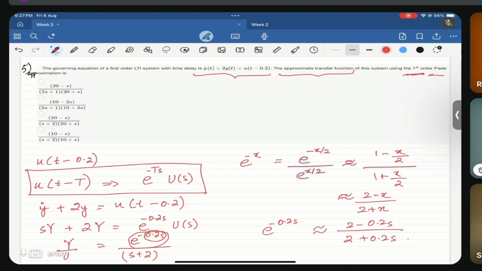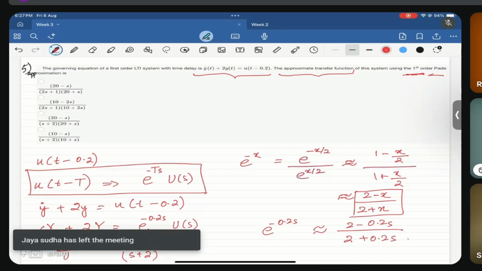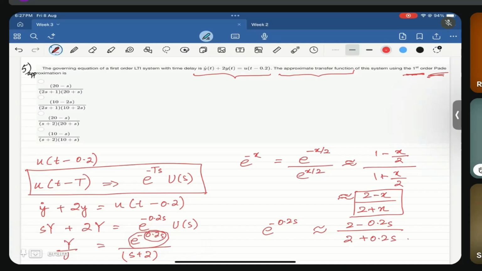So in this way we can approximate an exponential. This is a polynomial in the numerator and a polynomial in the denominator, so this is nothing but Padé approximation, and we have considered only the first order terms. We have neglected all the other terms, right? So this is first order.